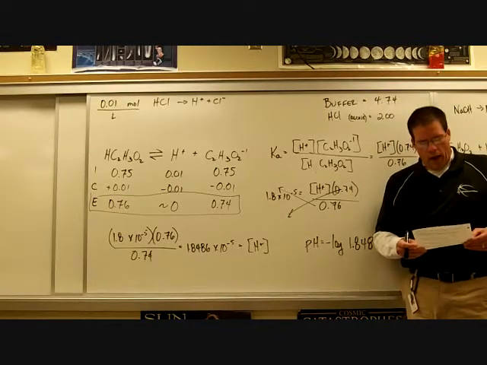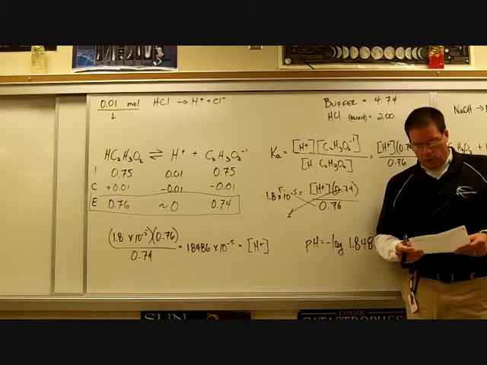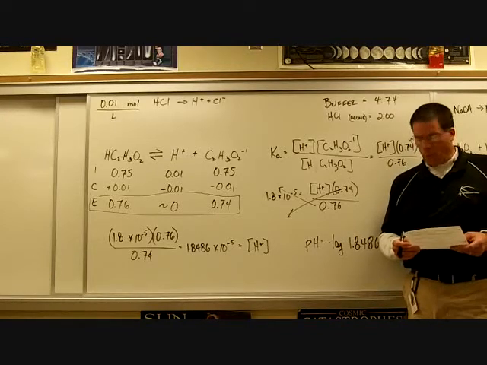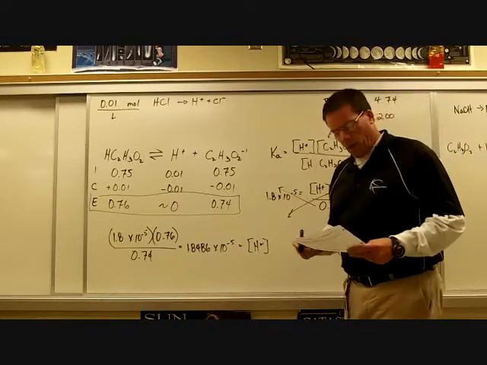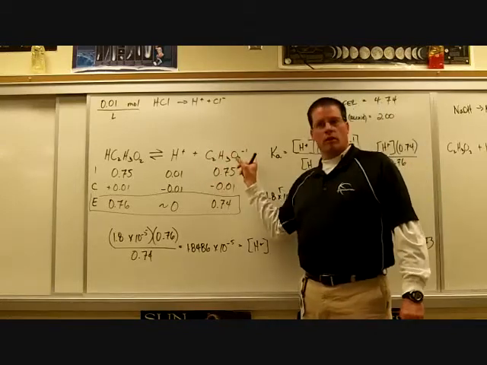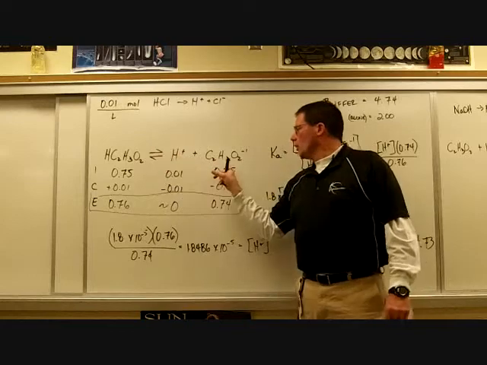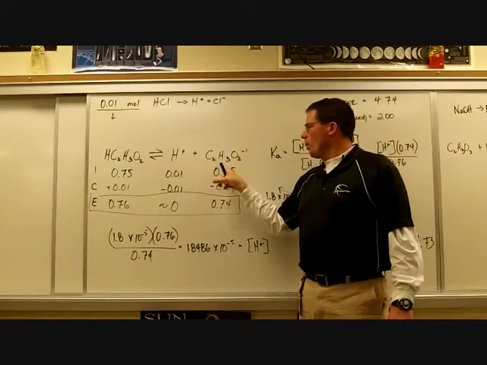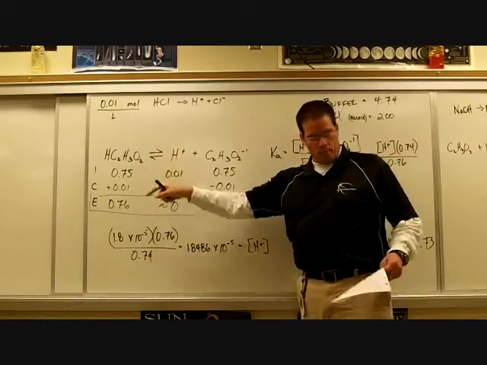Second bullet, when hydrogen ions are added to the solution, it reacts essentially to completion with the weak base present. Okay? Technically, this would be considered the weak base. It's a conjugate of a weak acid. So what's going to happen is the hydrogen is going to jump on this to form the acetic acid.